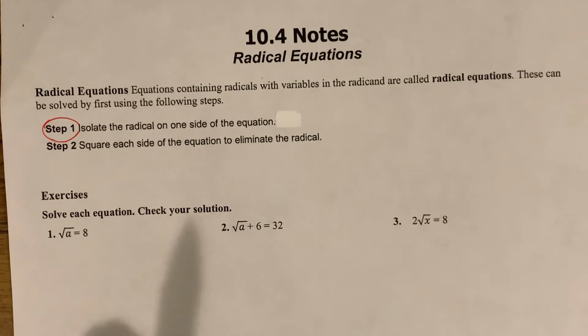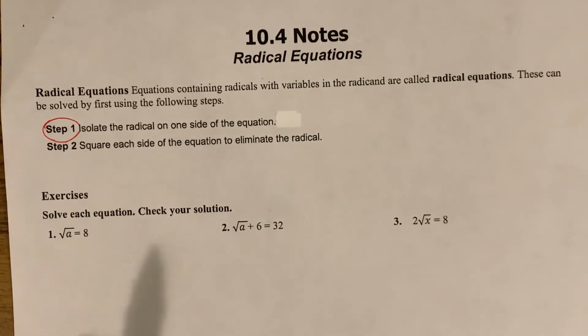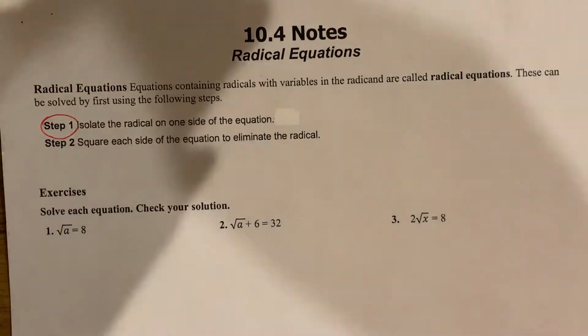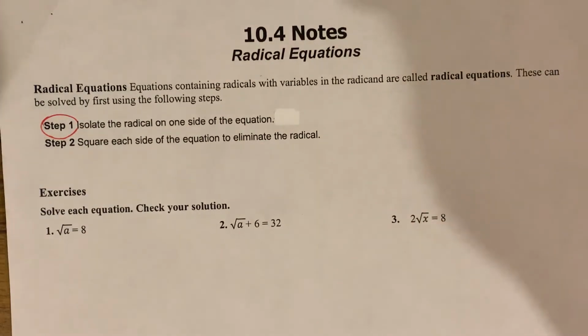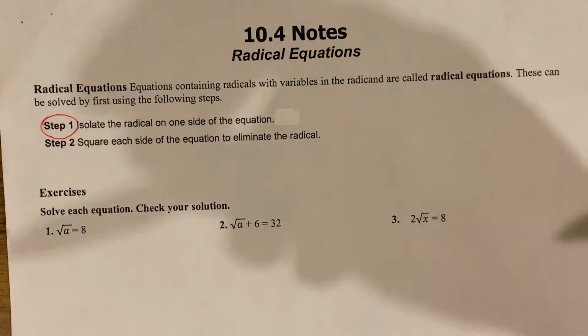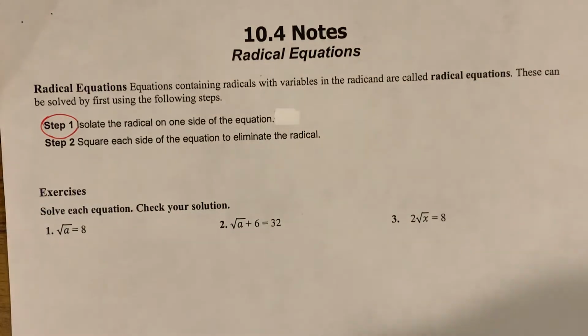It's not difficult, but it's easy to forget. After that, you square both sides because the opposite of taking the square root is to square something. So we're just squaring both sides, just the same as we would add to both sides or subtract from both sides in previous equations. Let's look at some examples.